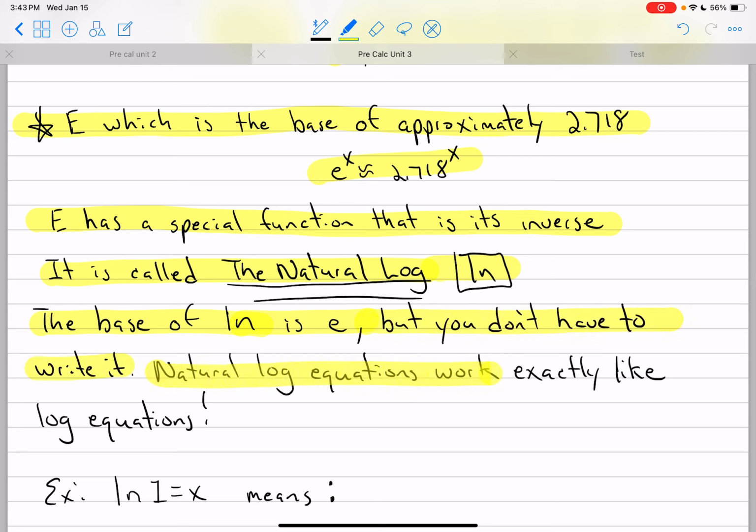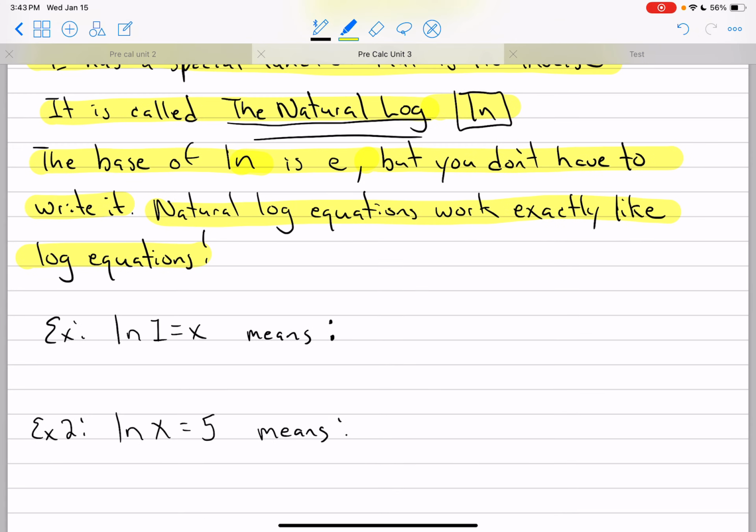The natural log equations work exactly like log equations. So here's what I mean. If I have, for example, the ln of 1 equals x, that means the natural log base e, e to the x equals 1.